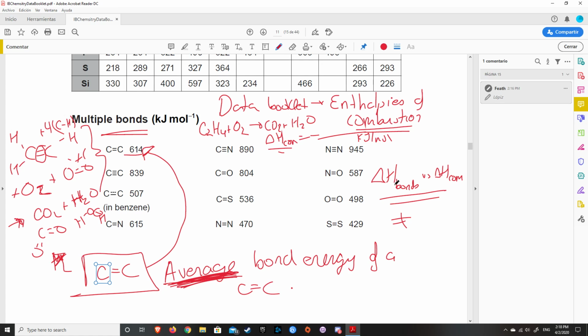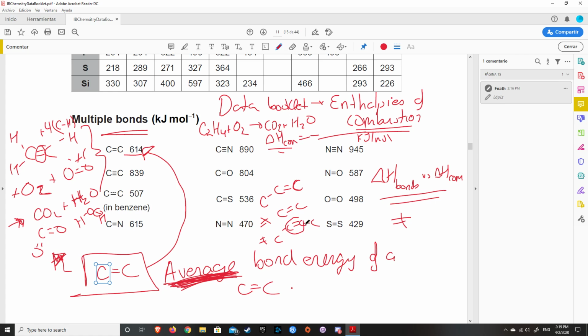And the reason is that this is an average, right? In most circumstances, a carbon-carbon double bond has this bond strength. But what you should know is that this bond strength is not equal to this bond strength, which is not equal to this bond strength.